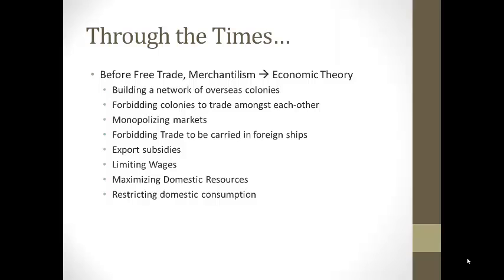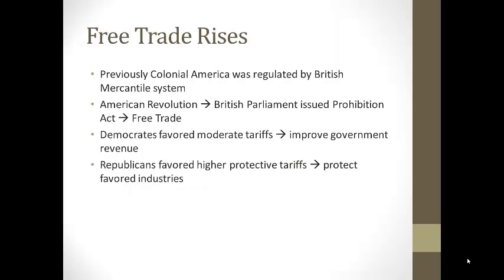As you can see, I've listed a bunch of regulations that the government would normally go about. Some of these include monopolizing markets, forbidding trade to be carried in foreign ships, limiting wages, and restricting domestic consumption, which is far different from what we see today.